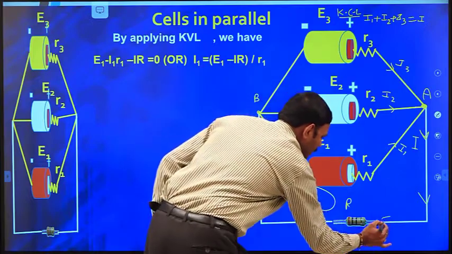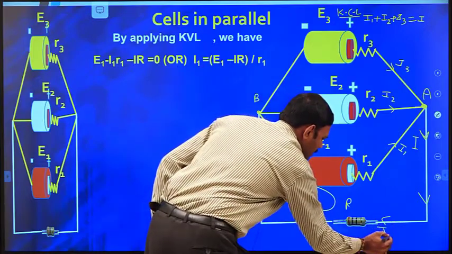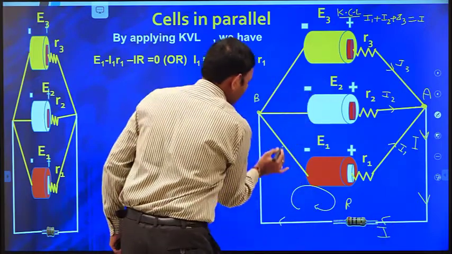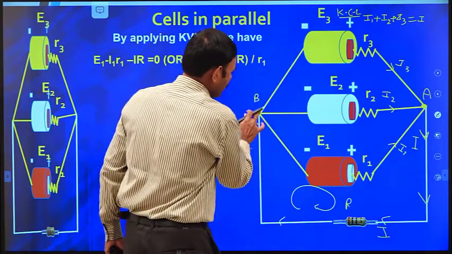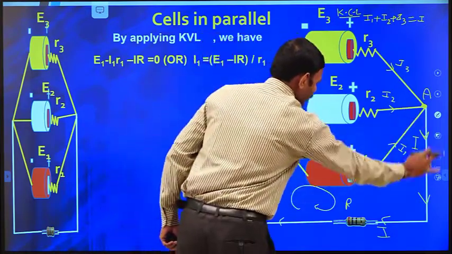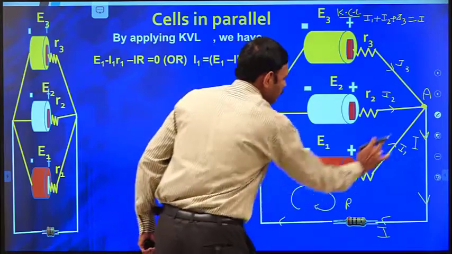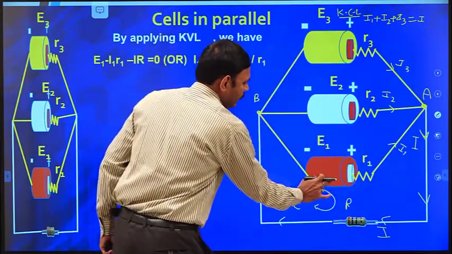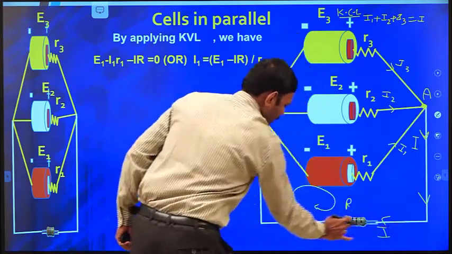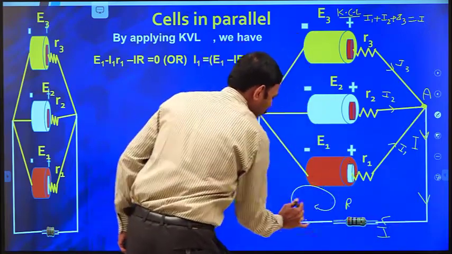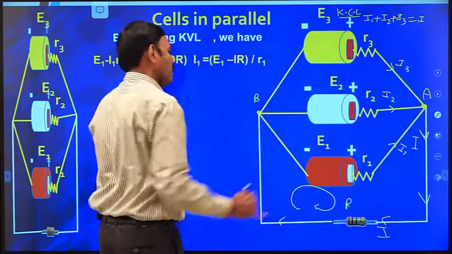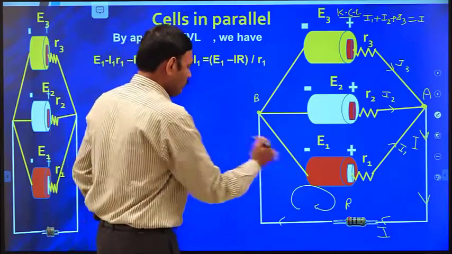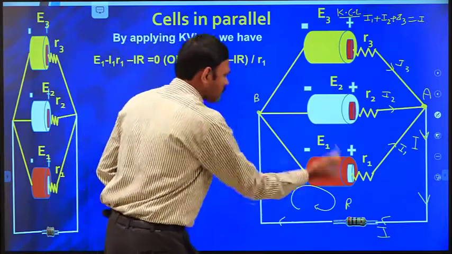Here I is the current passing through the resistor. As far as this loop is considered, B is the first battery, A, and the resistor. This is one loop. Students, B is one point, first battery, then go to A and then the resistor. Apply Kirchhoff's voltage rule for this loop in the clockwise direction.